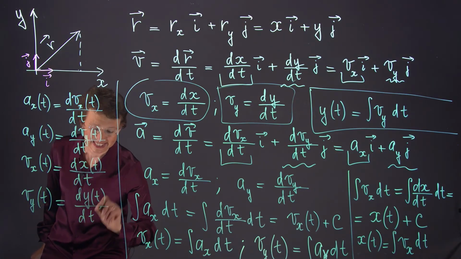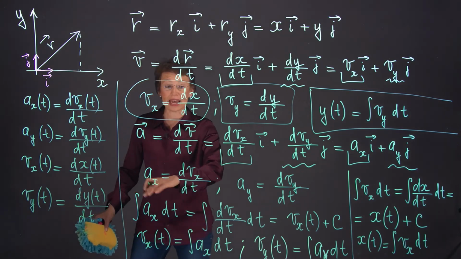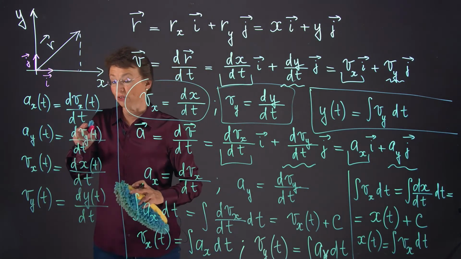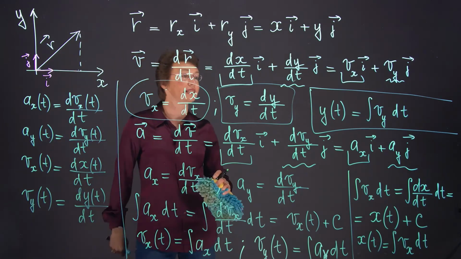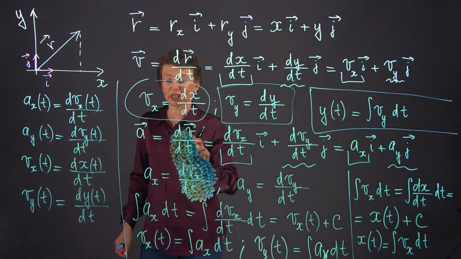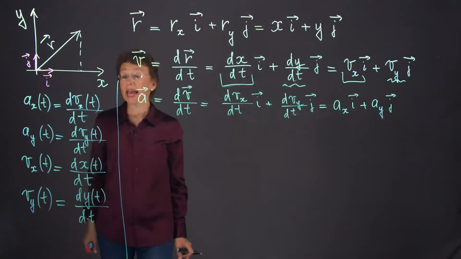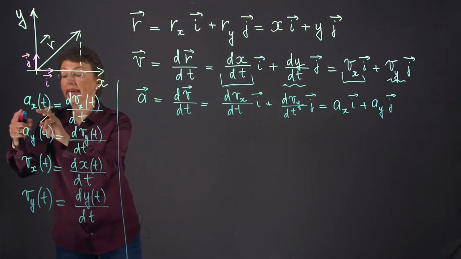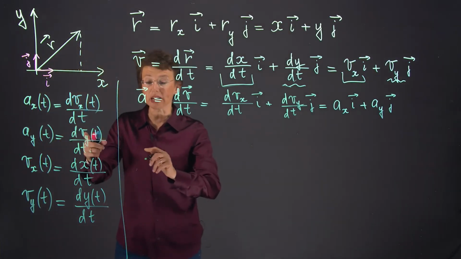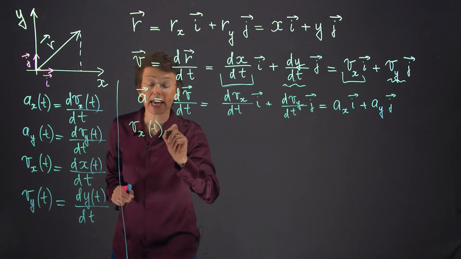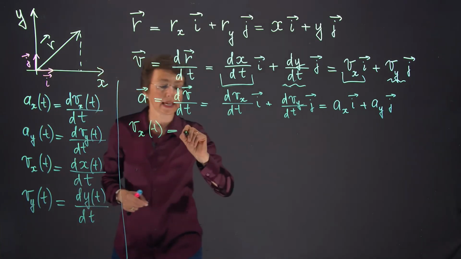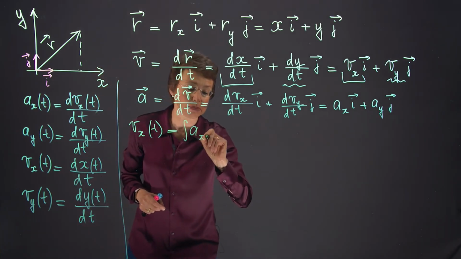In addition to that, we learned how to find velocity and position if acceleration is given. So I will rewrite these formulas right here. If we are given the x and y components of acceleration, we can find the x and y components of velocity by integrating ax of t dt. That's what we did a minute ago.